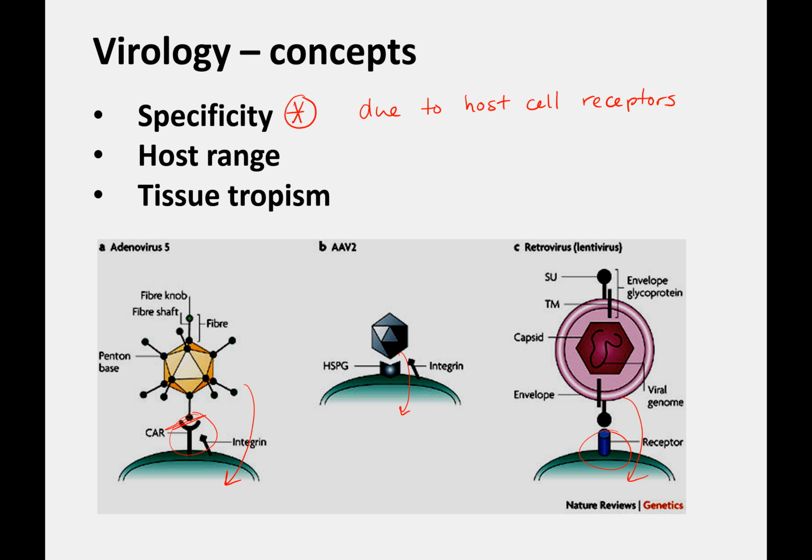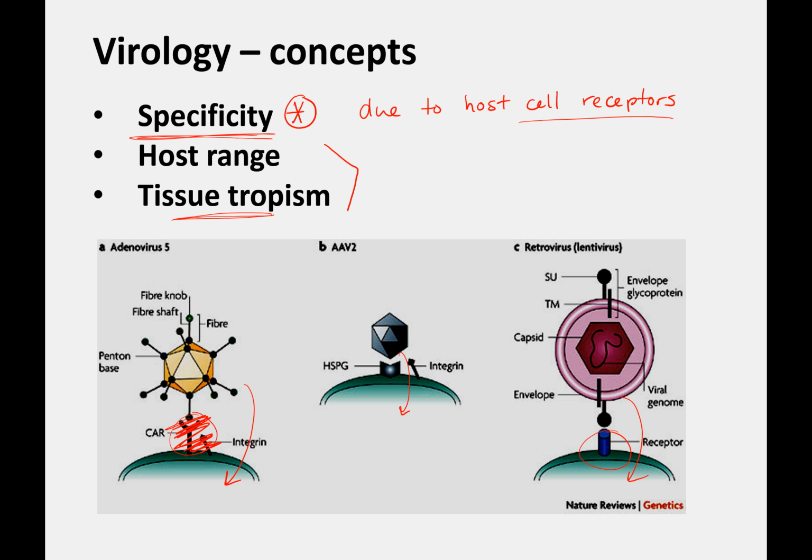If a cell does not have the specific receptor, the virus cannot infect it. So the host cell receptor is that first line of specificity. There are certain host ranges, so types of hosts that a virus can infect. Tissue tropism, which means which cells specifically the virus can infect inside a host organism. But these are all components of the specificity.